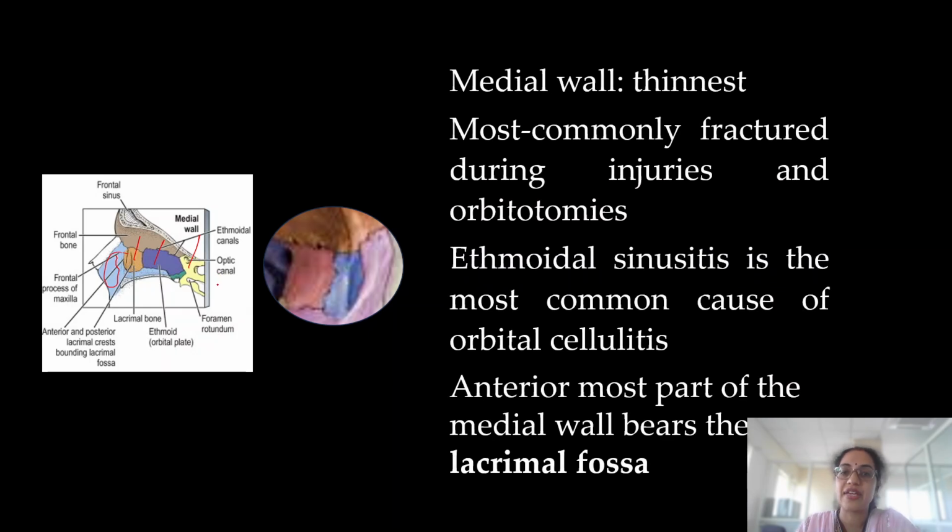The medial wall is extremely thin and it's usually fractured during orbital injuries and orbital surgeries. Also, ethmoidal sinusitis is the most common cause of orbital cellulitis because this wall is very easy to breach. The anterior-most part of the medial wall bears the lacrimal fossa, which houses the lacrimal sac.